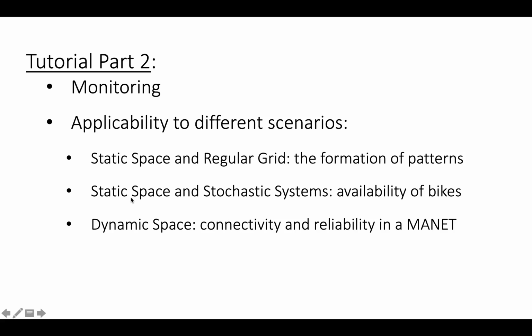Then a scenario with a static space and a stochastic system, where we study the availability of bikes in a bike sharing system. And then one with a dynamic space, where we're going to describe the connectivity and reliability in a wireless sensor network.